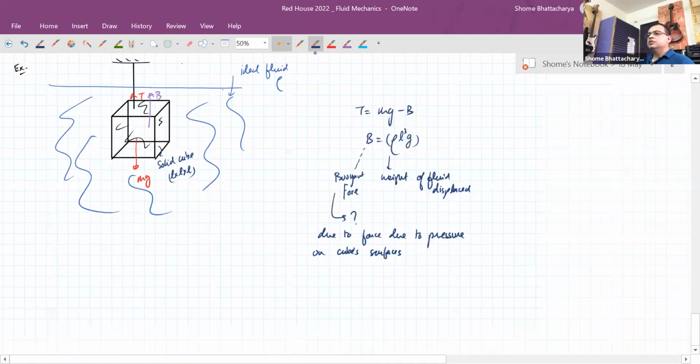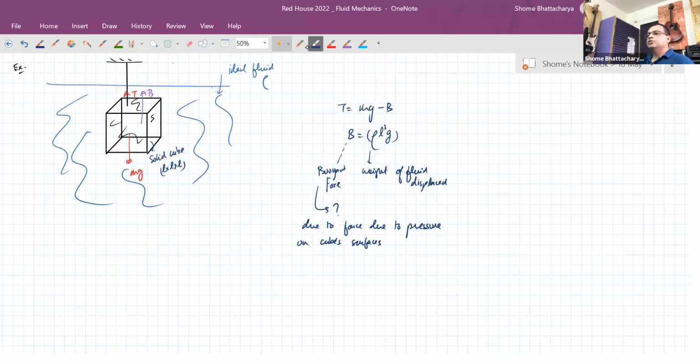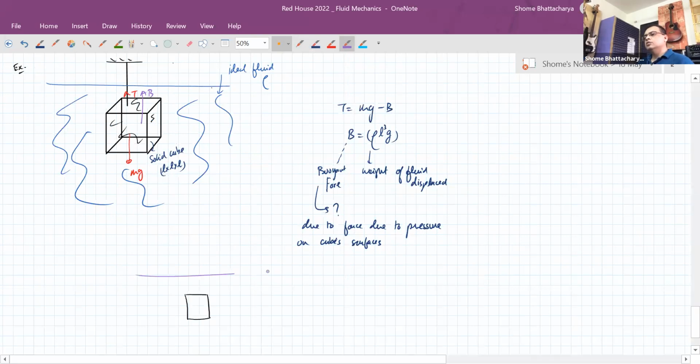So very simply, if we just visualize this, this cube is kept under water or under fluid such that this surface is at a depth of h1, right? And this surface is at a depth of h2.